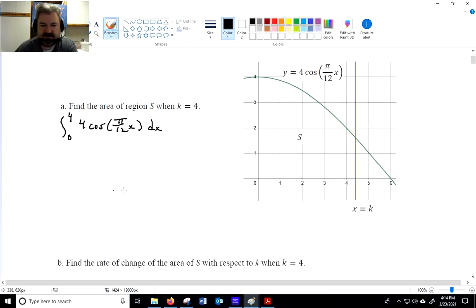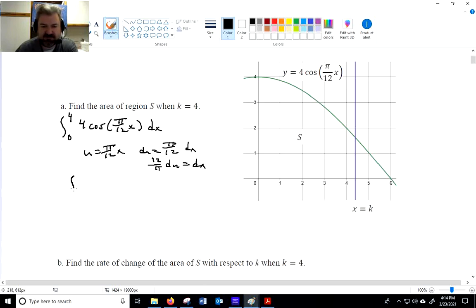All right, well, we know from the fundamental theorem of calculus that we just need to integrate and then evaluate at 4 and subtract the value at 0. So when I integrate this, if I let u equal pi over 12x, then du is equal to pi over 12 dx. So 12 over pi du equals dx.